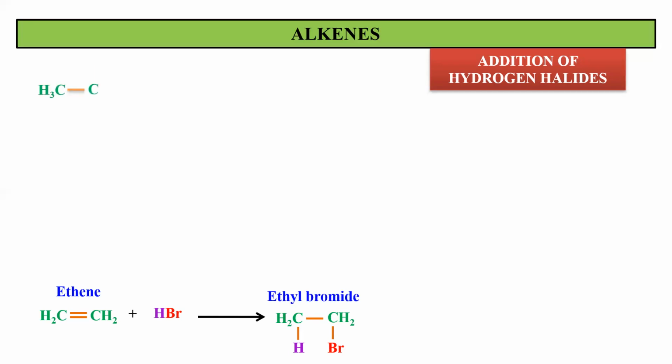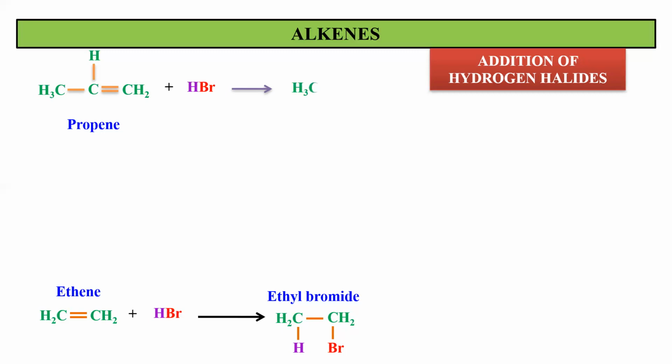Further, let's take one more molecule, propene. So you have the propene molecule, CH3CH double bond CH2. Again you are adding HBr. But now what is the problem here? Let's see. Br might add to the first carbon atom.